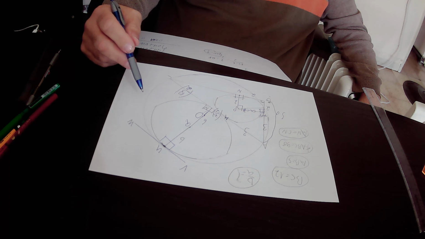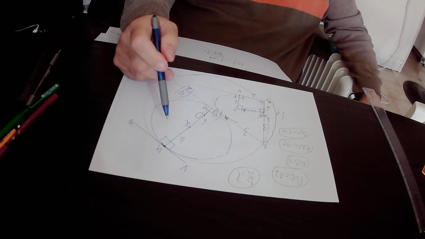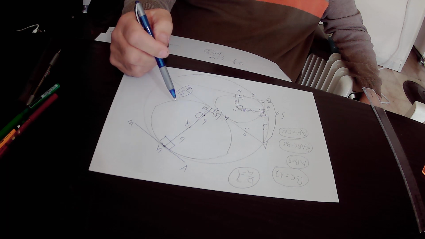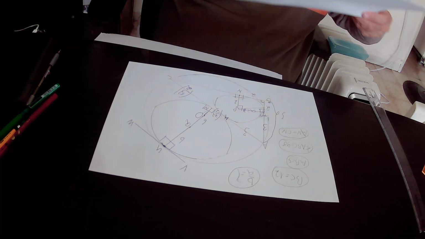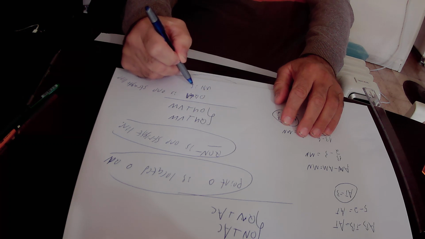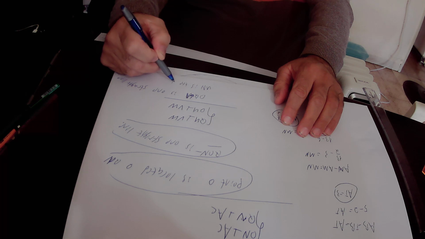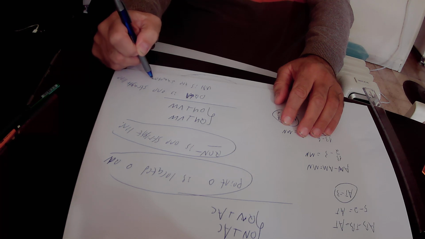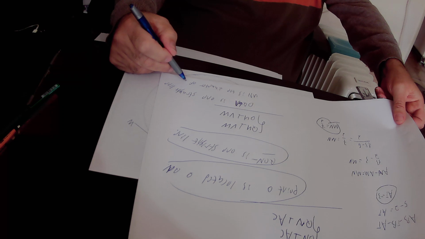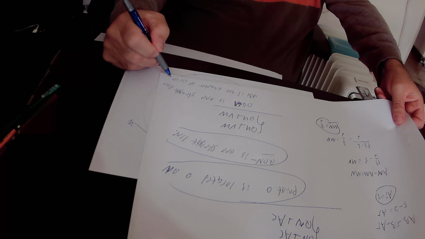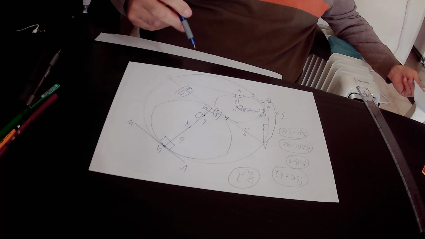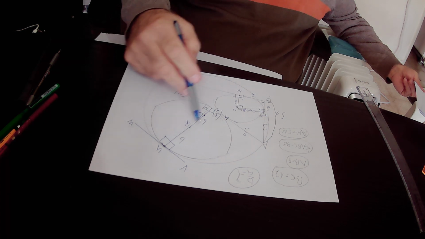Actually, we can derive from all the things that we did until now that UN is the diameter of this circle, and the diameter of the circle equals 2b, 2 times the radius.